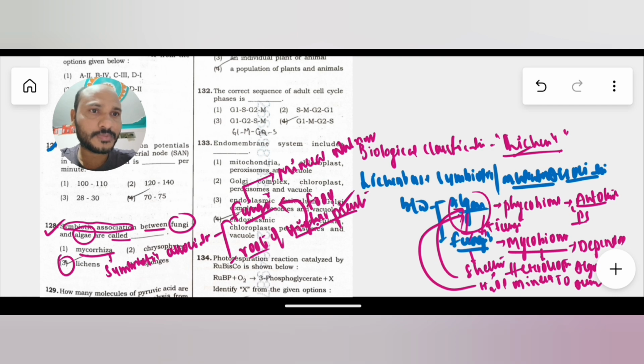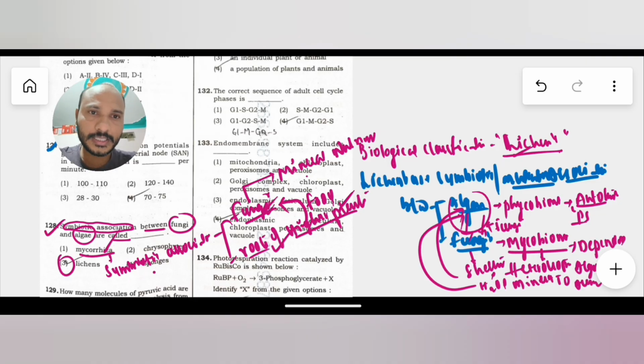Each organism benefits from the other. Such an association between fungi and roots of higher plants is known as a mycorrhizal association.